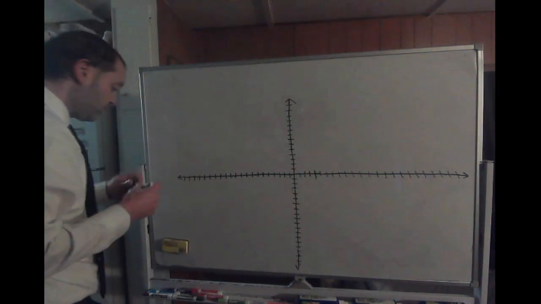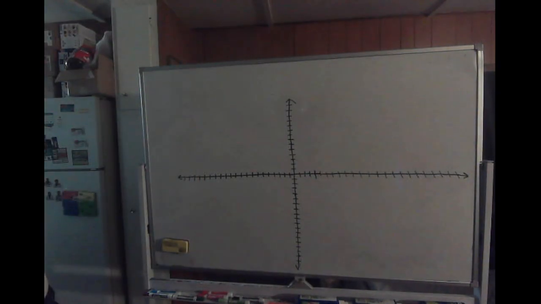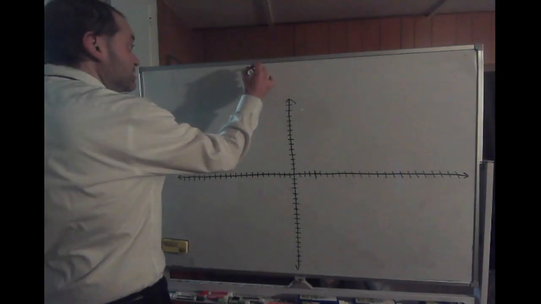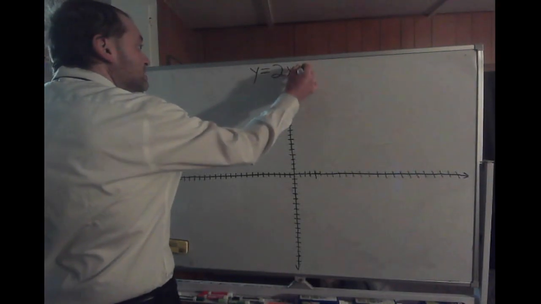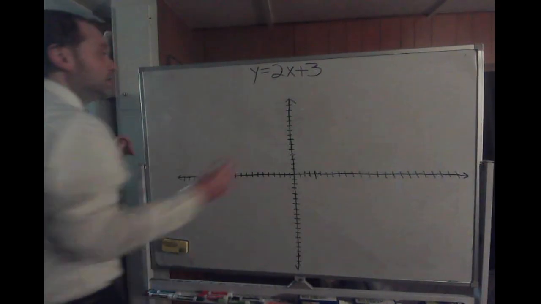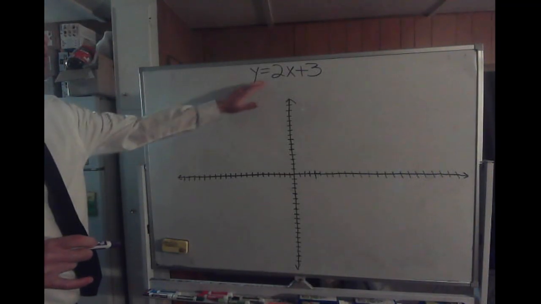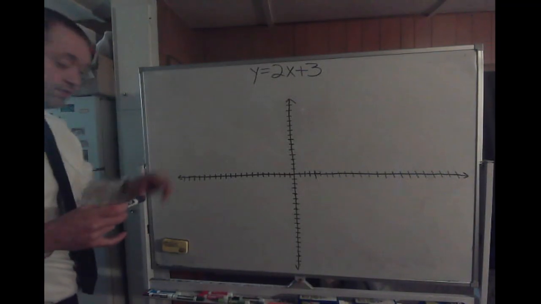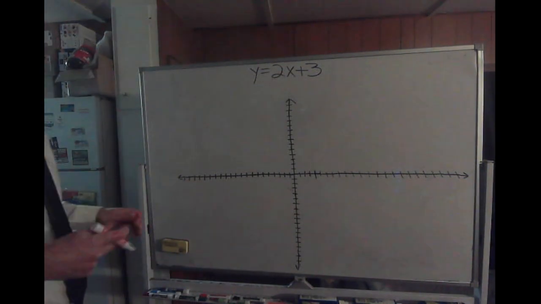What is our next equation here? A little bit different, but sort of similar, but this time we're given y equals 2x plus 3. So we have the equation in slope-intercept form of y equals 2x plus 3. Well, first things first, let's find our slope. What is the slope?